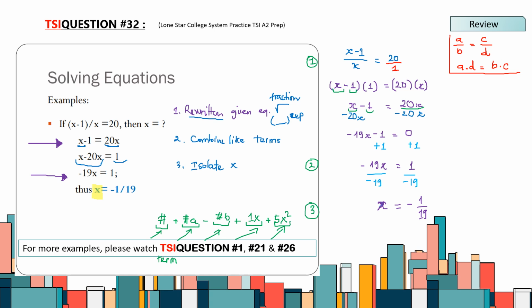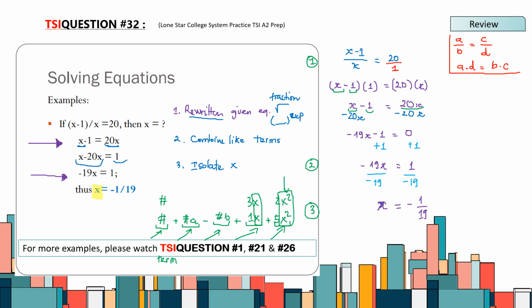If it's x, you can combine with something with x, like 3x. If it's x square, you can combine with something like 2x square, the same letters. So if it's x, you can only combine with something with x, that is the same term. If it's a number only, you can combine with a number.